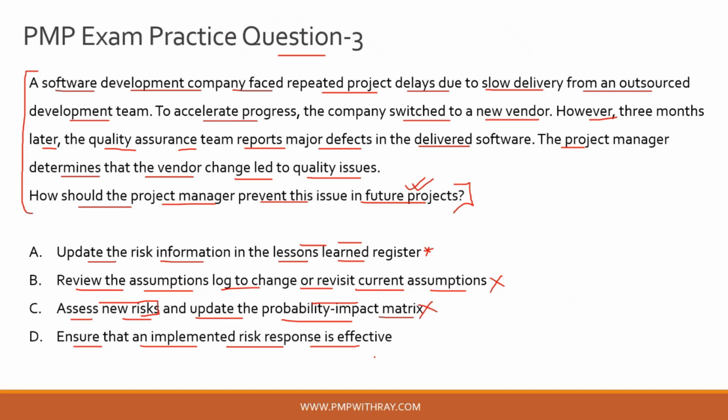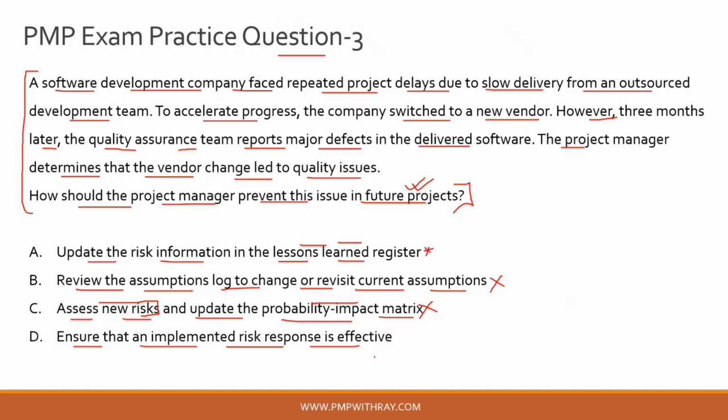For example, in this scenario, when the old contractor, or the old supplier, was causing project delays, one of the risk responses was to get on board a new supplier who can deliver things faster. Now was it effective? Probably not.